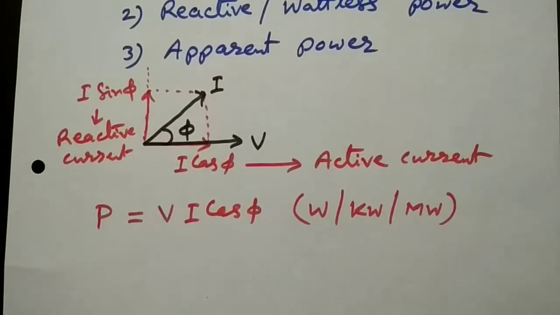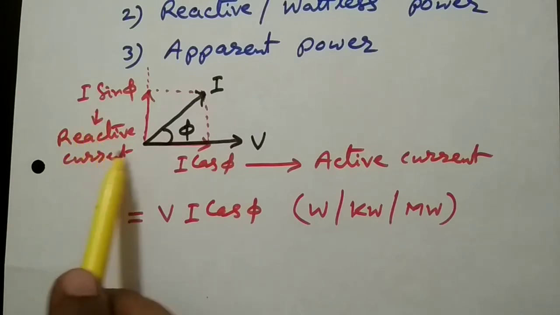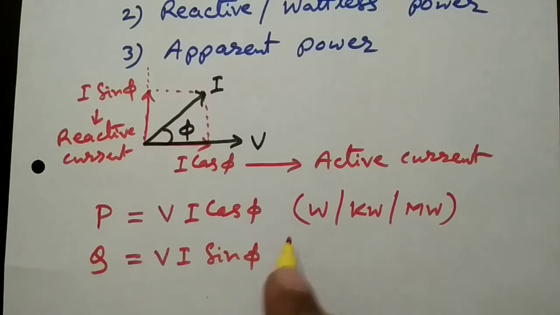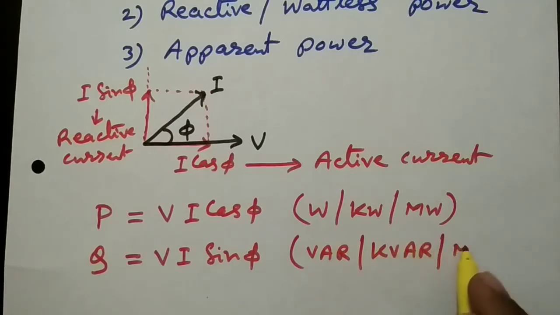The second power: if we multiply the voltage with the reactive component of the current, that is I sin phi, it gives us the reactive power, V into I sin phi. Its unit is volt ampere reactive, kilovolt ampere reactive or megavolt ampere reactive.